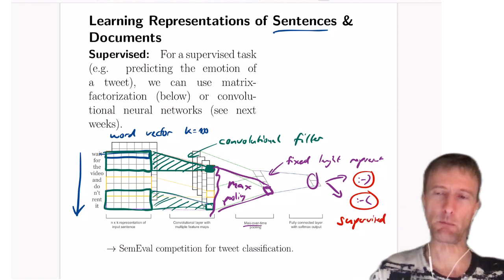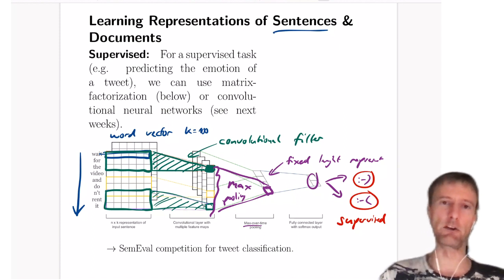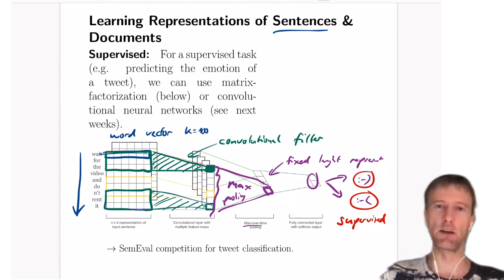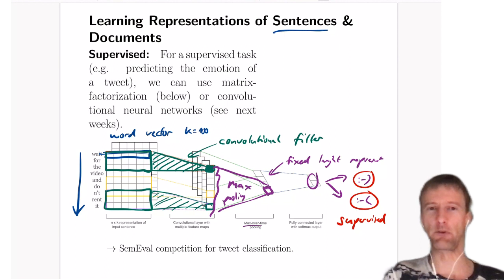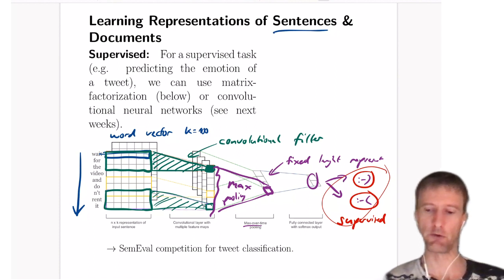For example, these are manually annotated, or you can also use maybe smileys which are present in the text, which is again going a bit to this idea of, can we build a signal ourselves, kind of a fake training task where we can learn something, and seeing if your original text had a smiley or not is one such possible signal.